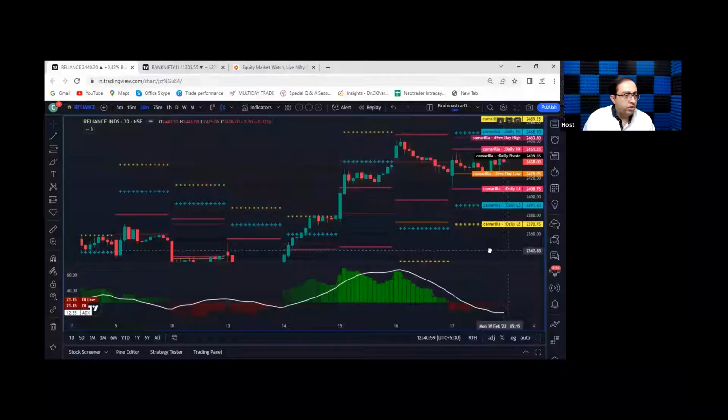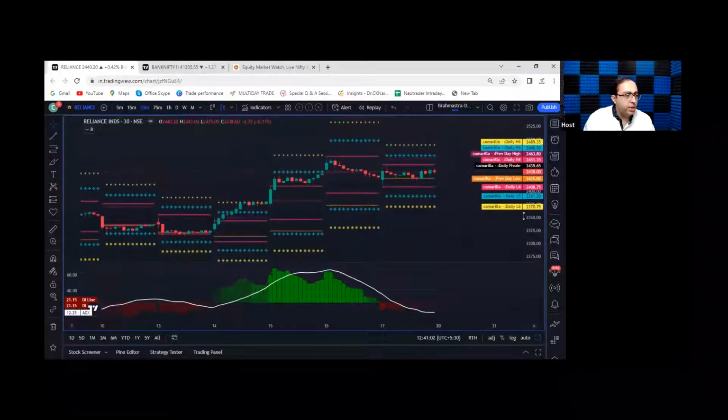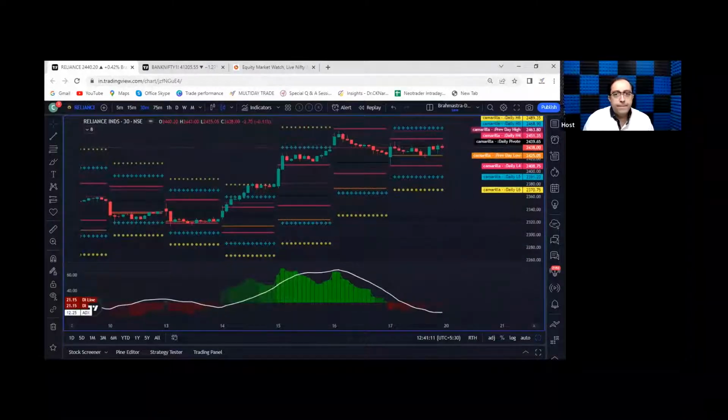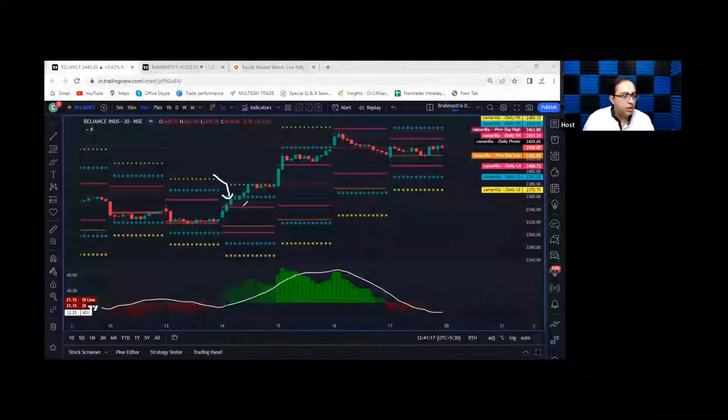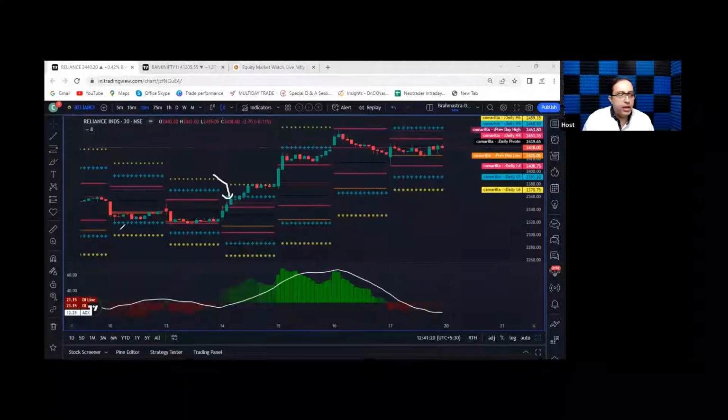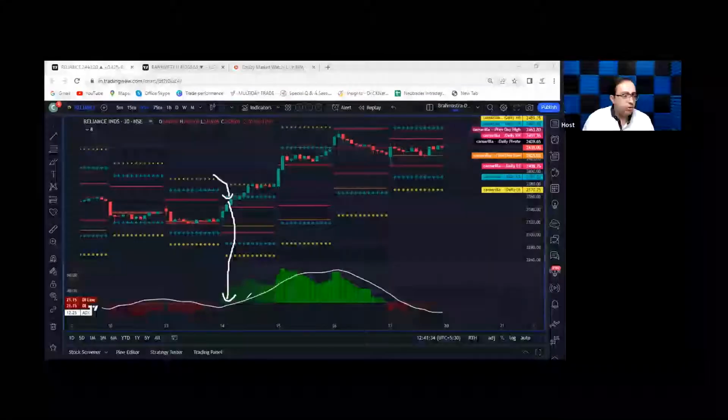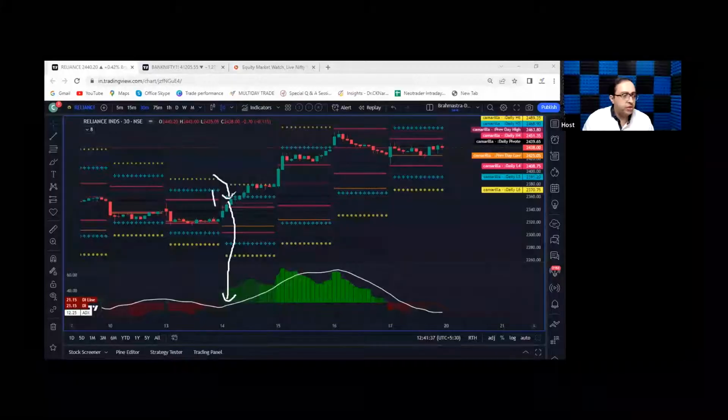You can see that in the last week, the first Reliance position came here. This is the trigger price and the plus DMI. Then this scenario came where it went up. So you got your second position here. So this was your first position and this was your second position.